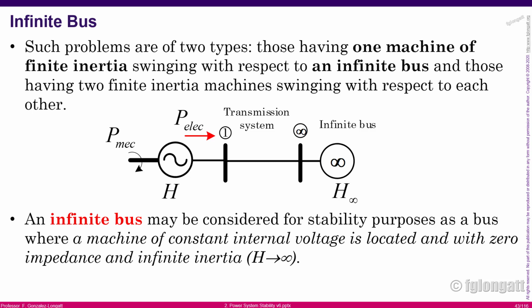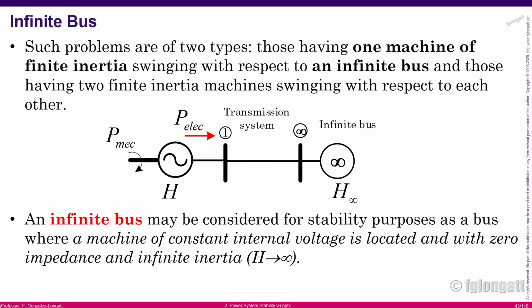The concept of infinite bus is mainly related to a generator that has such a big inertia, to be honest infinite inertia, that the frequency is constant. The angle position is constant, and as a consequence, the voltage magnitude is constant.